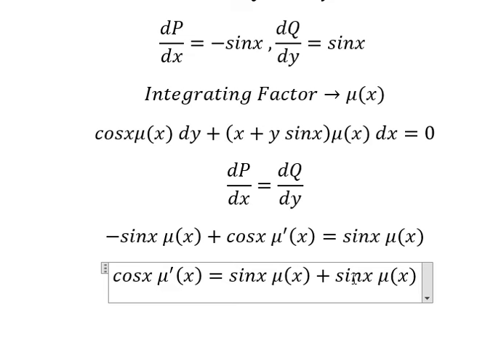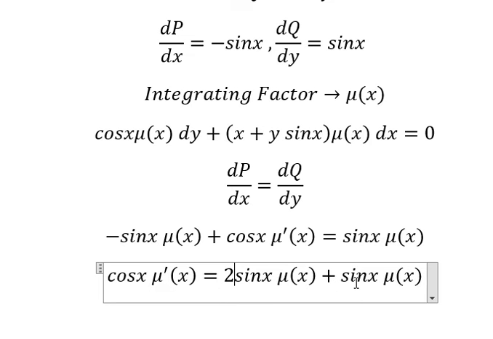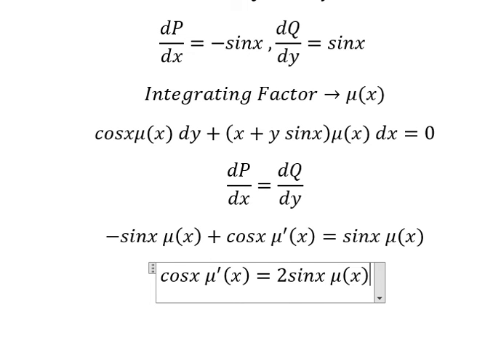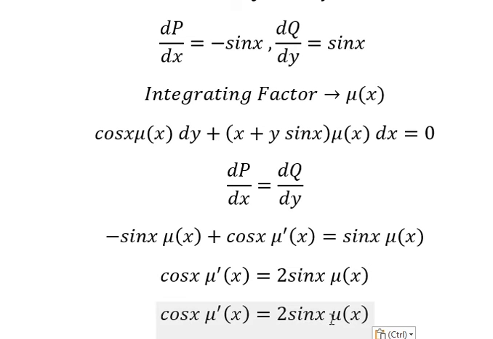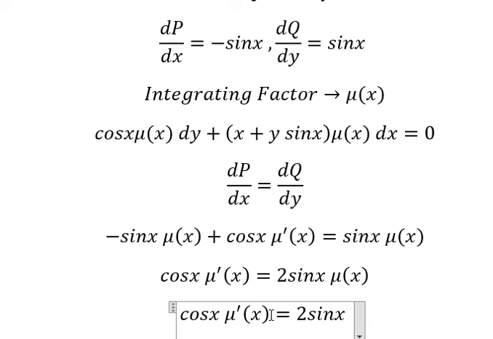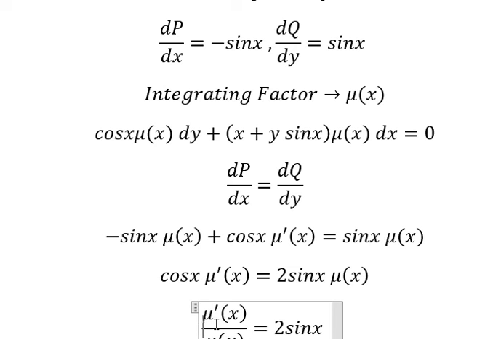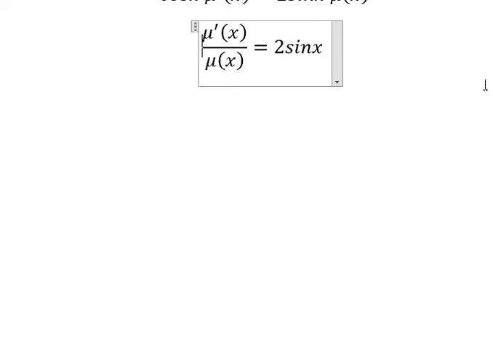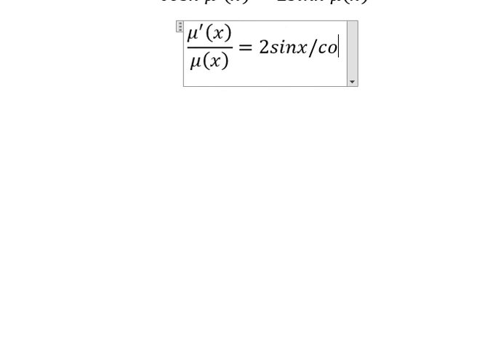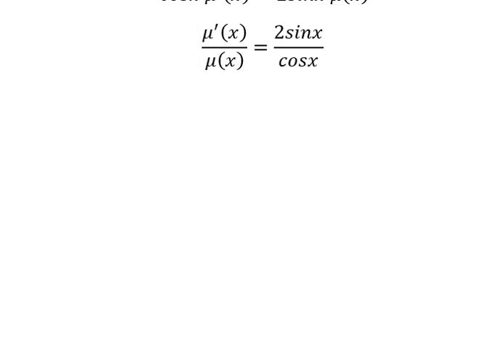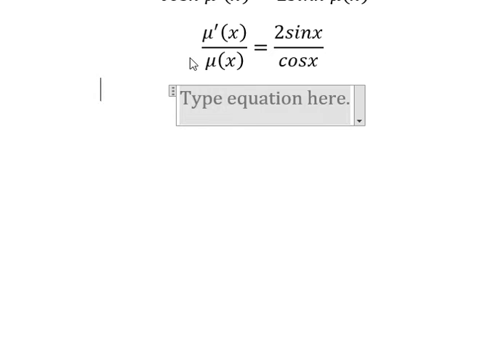Sine x, we have number 2. Next, we divide both sides by mu x and cosine x. Next, we put the integration for the both sides.